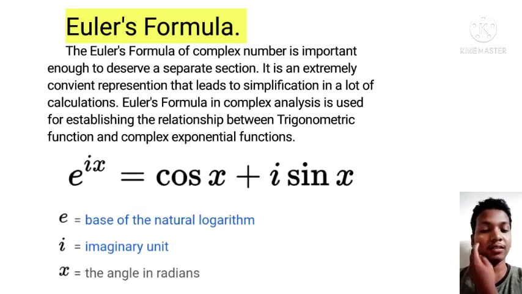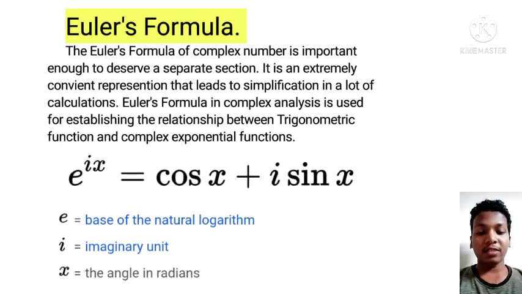Euler's formula in complex analysis is used to establish the relationship between trigonometric functions and complex exponential functions.